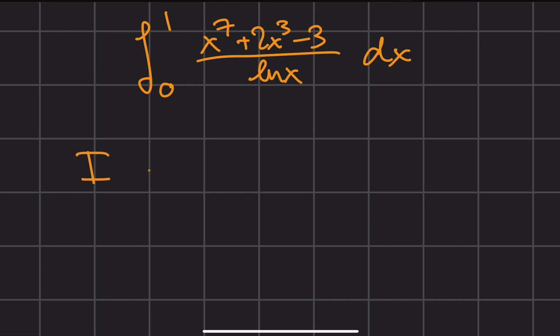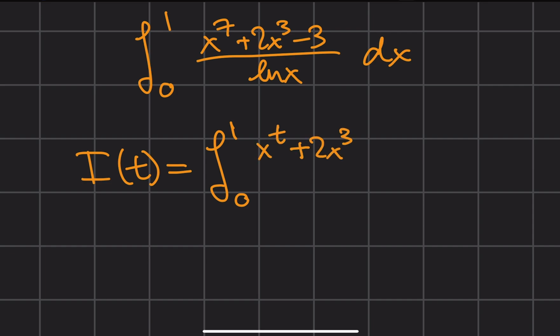So let I equal this integral, and then enter a parameter. So we make an integral equation with goals to simplify after differentiation. I'll show you what I mean by this if you're confused.